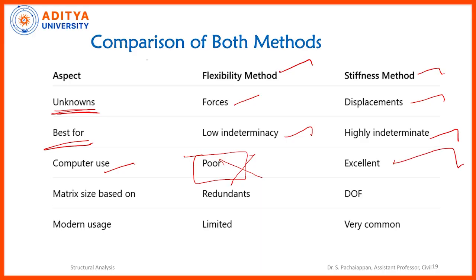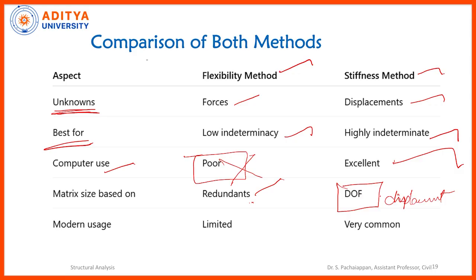Matrix size is based on the redundants, that means here the number of forces is unknown. Matrix size depends on the degree of freedom, here displacements are unknowns. So, if the number of displacements is more, then the stiffness matrix method will be complicated. If the number of forces is more, then the flexibility matrix method is complicated.